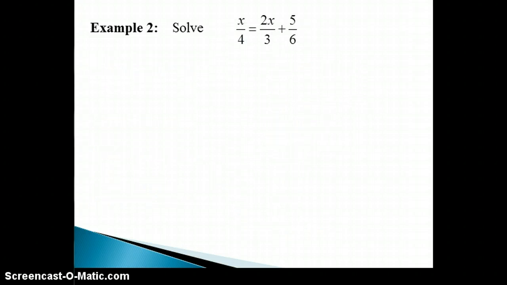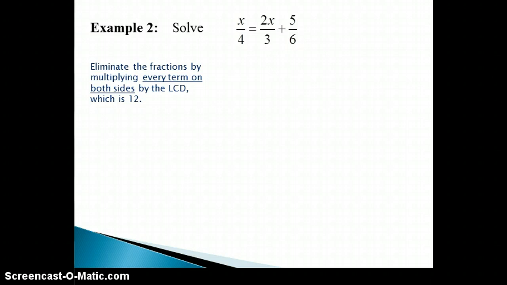This next equation is an example of an equation that has fractions. Recall that we can eliminate fractions by multiplying both sides of the equation by the least common denominator, which means we need to multiply every term on both sides by 12 in this case. Notice that I wrote the 12s in fraction form since I'm multiplying it by other fractions.